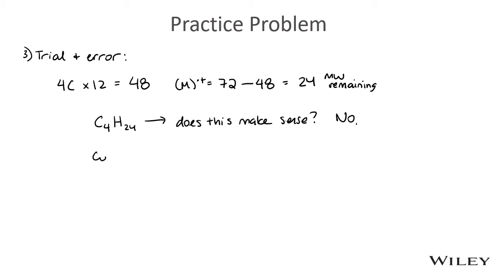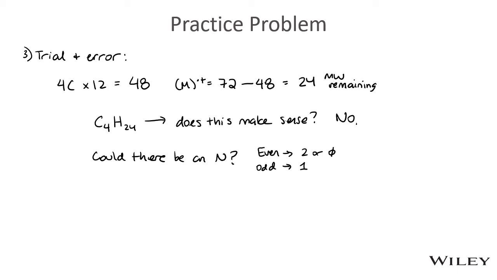So our next question, could there be a nitrogen? Now with that, we have to consider whether the molecular ion mass is odd or even. If it is even, it means there are 2 or 0 nitrogens in the molecule. If it's odd, it could mean there is 1 nitrogen in the molecule.